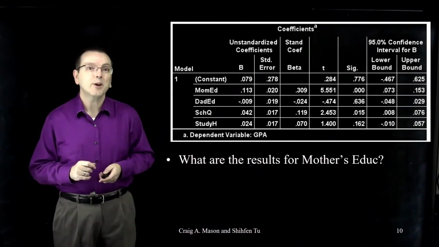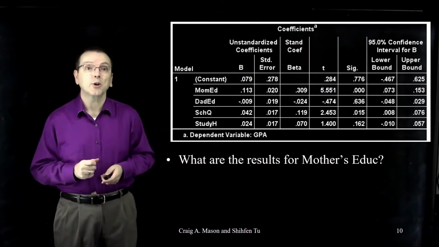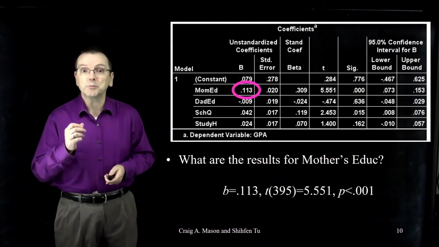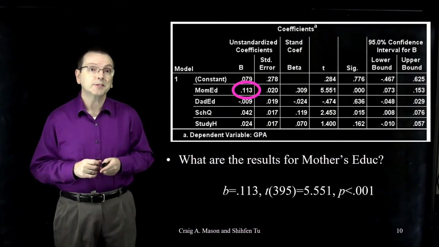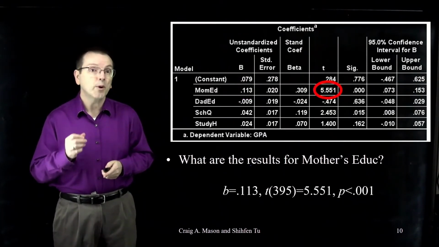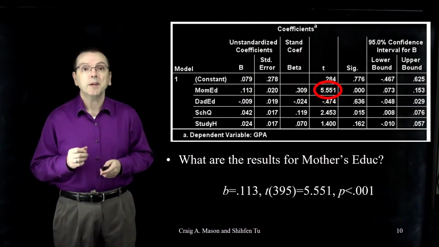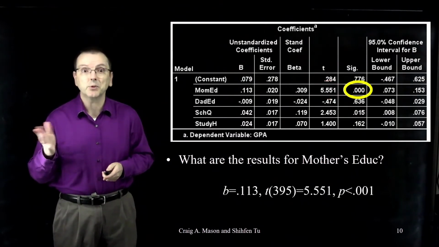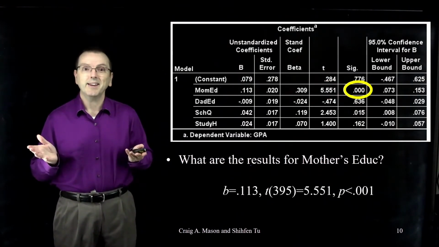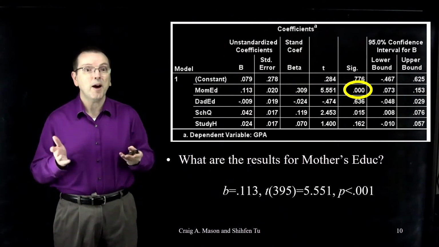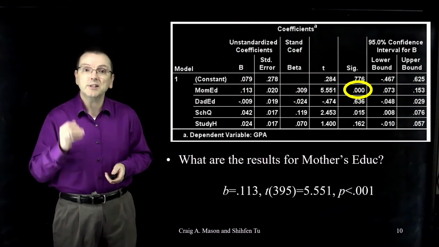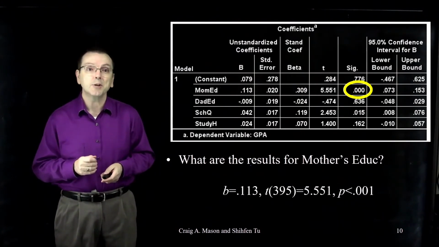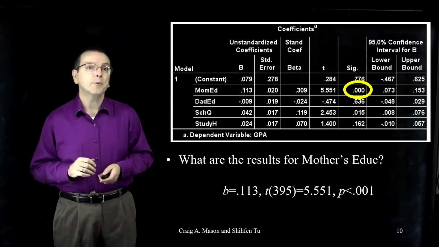Okay, our result for the unstandardized regression coefficient for mother's education would just be b equals 0.113 with a t with 395 degrees of freedom equal to 5.551 and a p-value of less than 0.001. And again, we would reject the null hypothesis that the effect is equal to 0. Mom's education does seem to be having an impact on GPA, controlling for the other three variables.